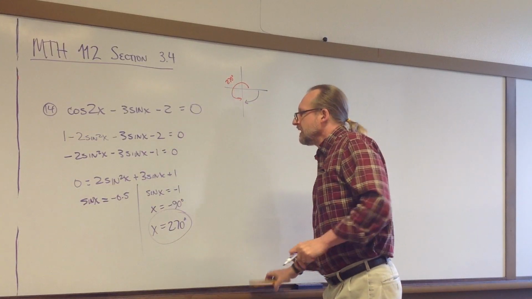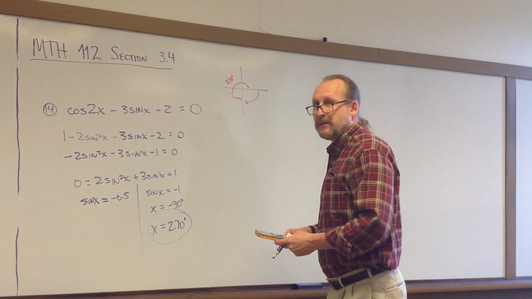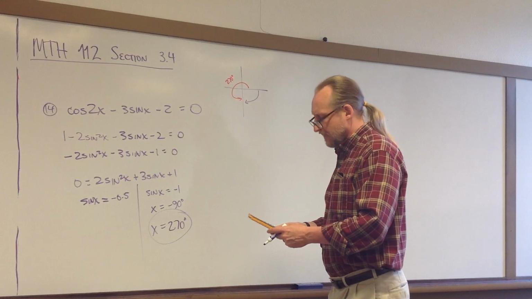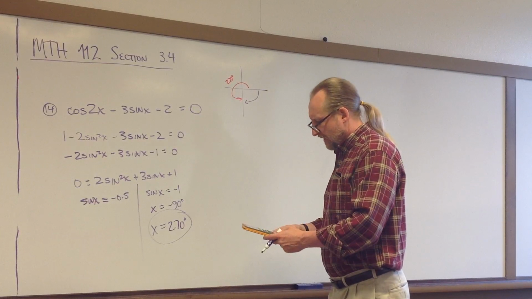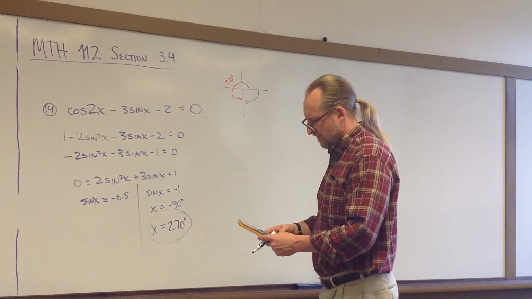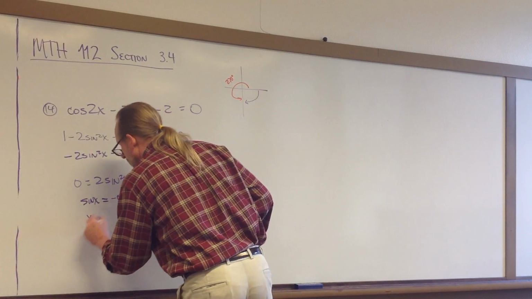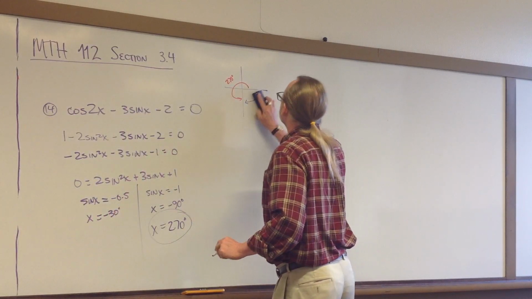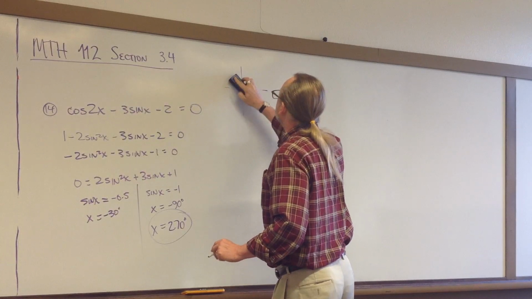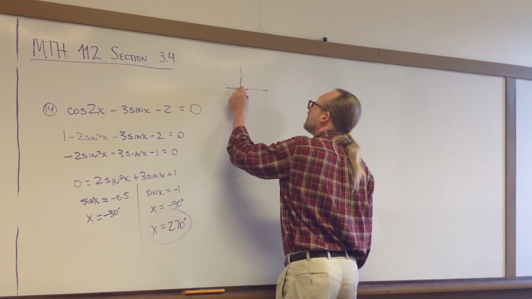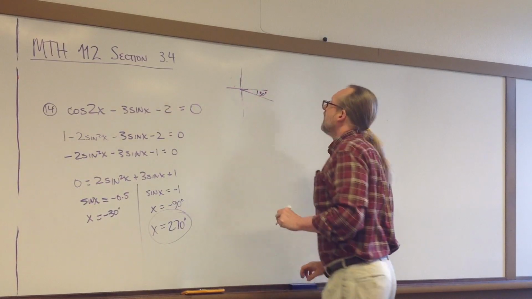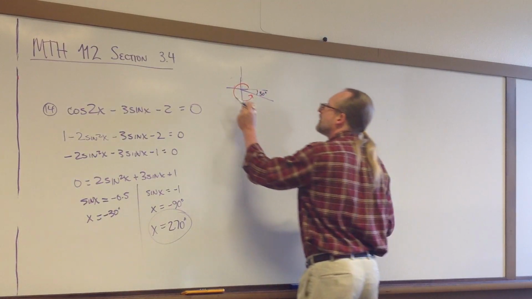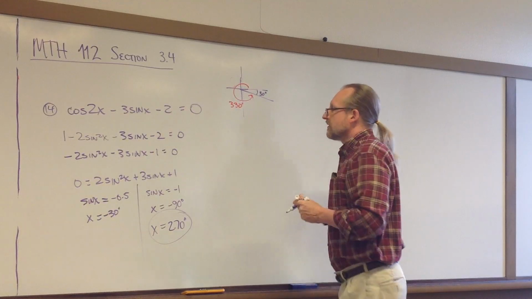Over there, sine being negative 1/2, so that's going to be in the third and fourth quadrants, 330 and 210 degrees probably. So let's see, inverse sine of negative 1/2, negative 30. Okay, so then again, we look at that negative 30 and treat it as a reference angle. Then the angle coming around from the other direction is 360 minus 30, or 330 degrees.